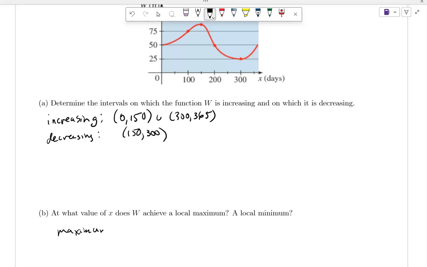So a maximum at x equal to 150. Do you see a minimum? At 300. Good. Now again, the difference in this particular problem than the previous one is it literally is just asking me for the x value, right? It didn't say the amount or the coordinates. It just said find the x value. So we found the x value. That part okay?